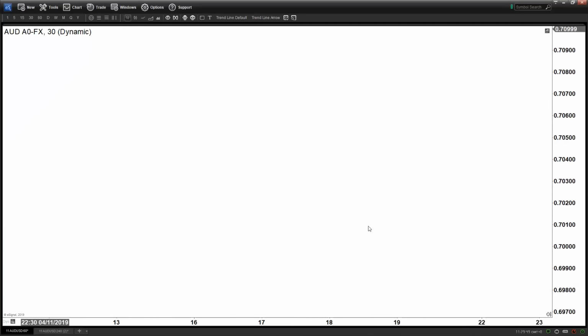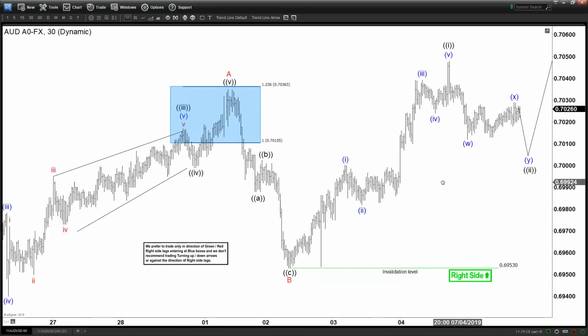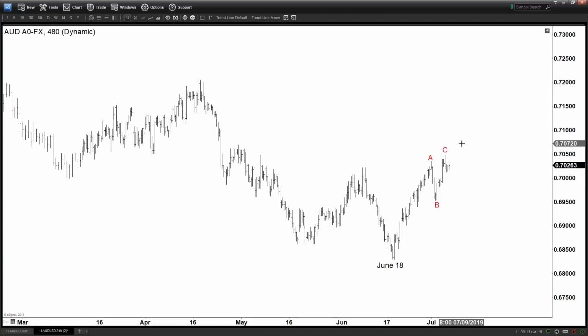And then the only detour that can possibly deny another extension higher is if we do a truncation. Truncation happens sometimes, in which the C leg, or whatever it is, the third swing, does not go to 100% and just truncates very short like this. Sometimes it happens, but this is the key, guys.